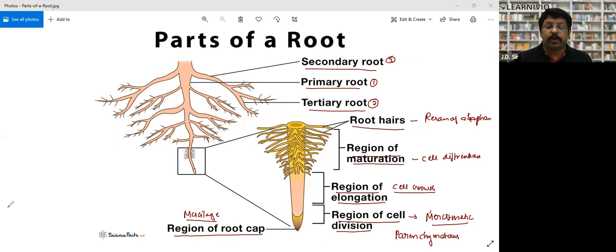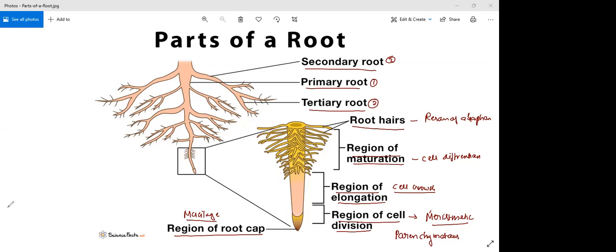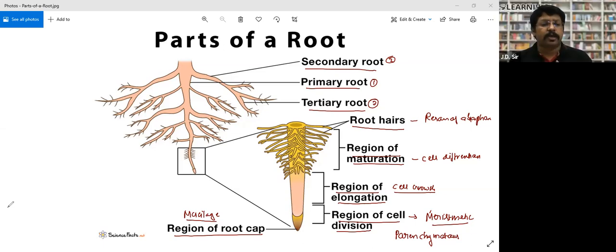Now, one last point which I want to discuss with you. Please be focused. Roots always grow towards gravity. Do you agree? And my question is, why do roots always go towards gravity or away from the light?